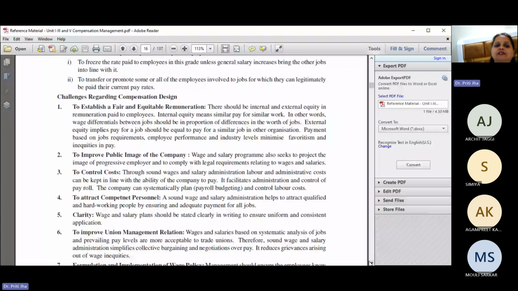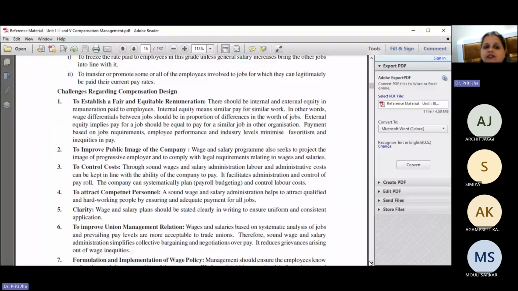Next topic is challenges regarding compensation design.